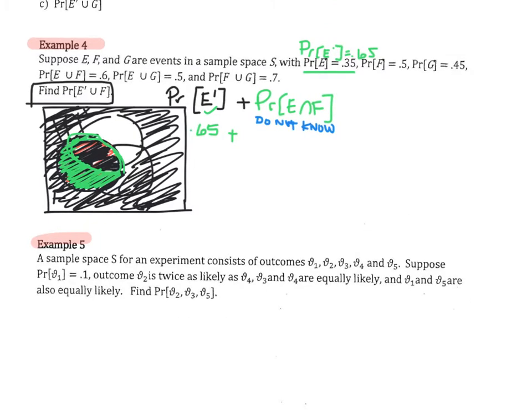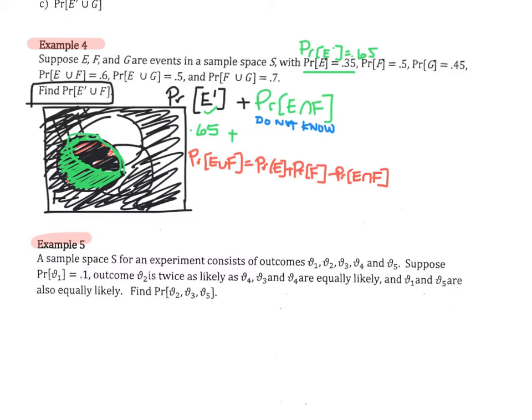It's here that I want to introduce a pretty handy equation, and it's on the front of your packet. It's that the probability of E or F is equal to the probability of E plus F minus the overlap. The reason this formula is useful is because it says the probability of E or F right here, and we know we're not looking for that.